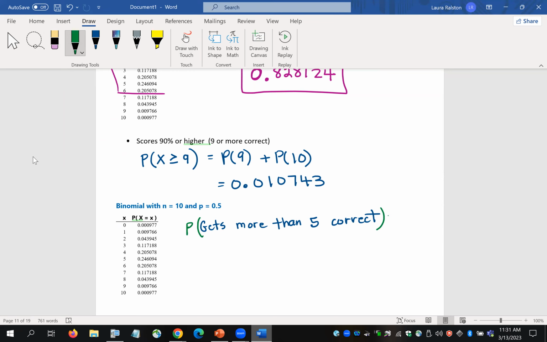So this is a more than. This is going to be the probability that X is greater than 5.